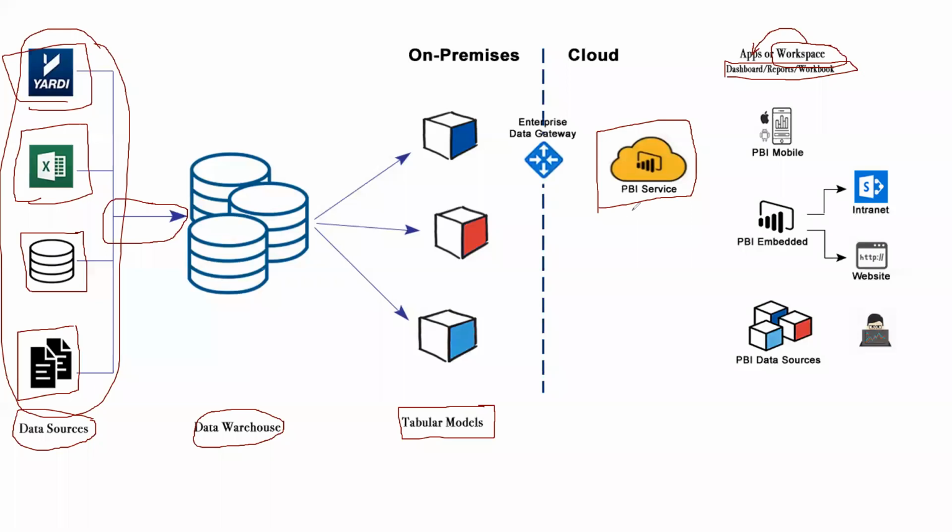And then to keep your dataset up to date on Power BI service, we will be using gateways. So gateways will get the data from on-premises, and then it will load it and make the new data available in the Power BI service. And then when users are consuming the dashboard reports, they will be consuming from Power BI service, or we have a native mobile application.